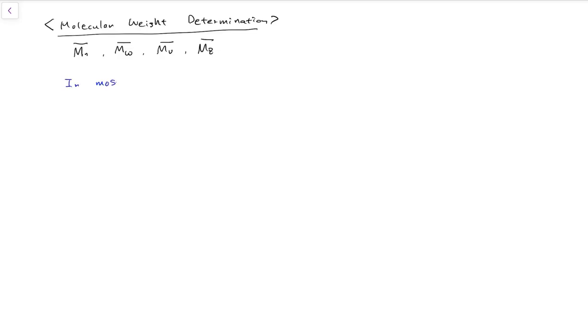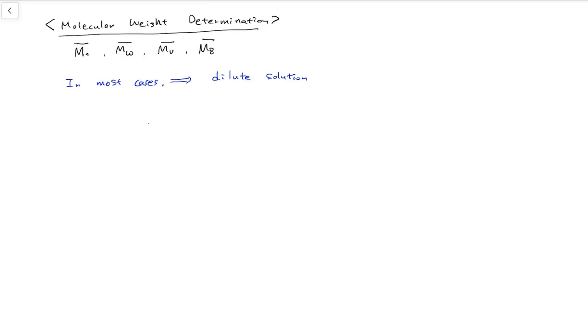One thing to note is that in most cases of experimental determination of molecular weight, we are basically assuming a dilute solution of polymers. The dilute solution behavior is very important, because if the concentration is too high, with too many polymers, overlap of polymers occurs, so it's not easy to determine the molecular weight.